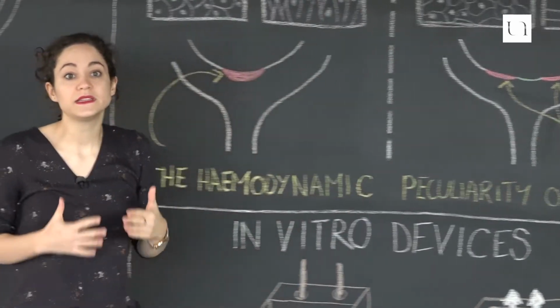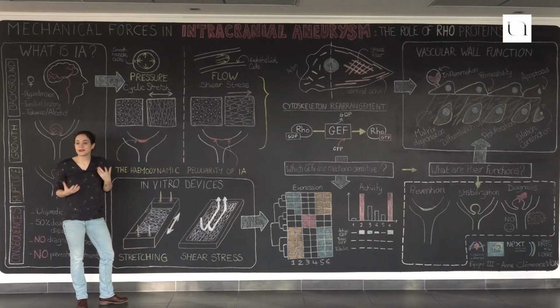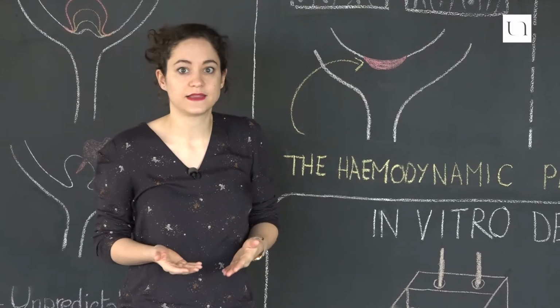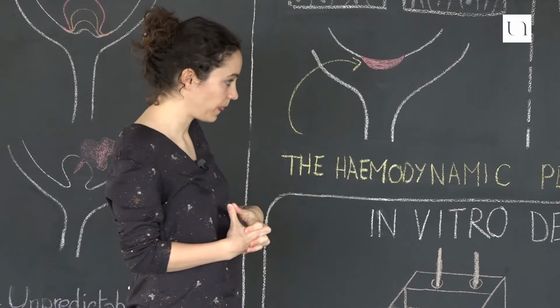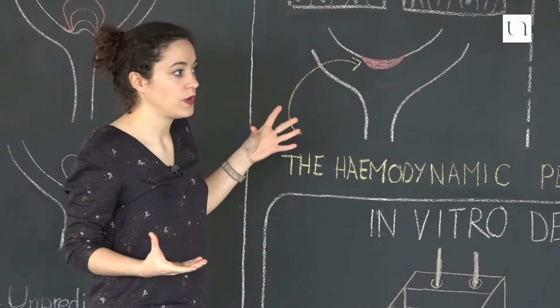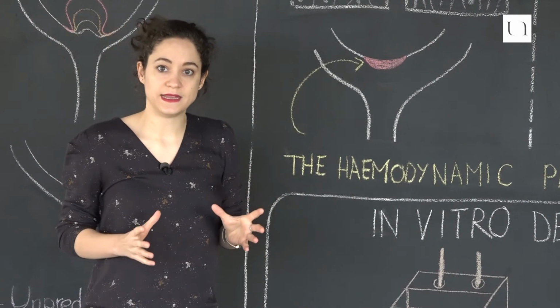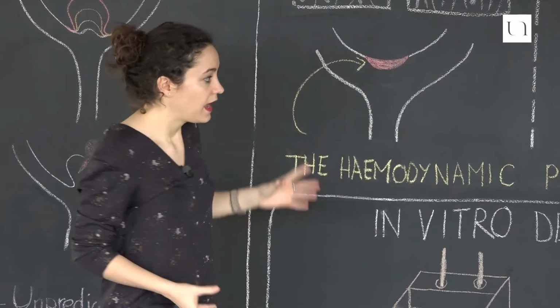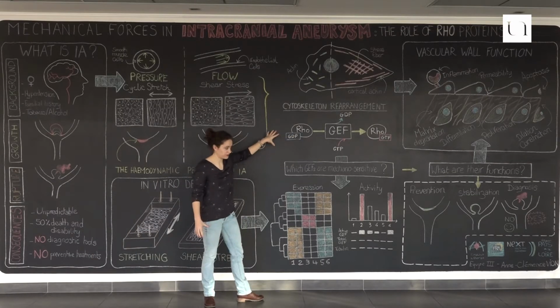And now the hypothesis in the scientific community is that this change in mechanical forces, this increase in mechanical forces, leads to maladaptations of vascular cells that are at the origin of intracranial aneurysm formation. And I want to improve knowledge in that, identifying the key mechanisms at play within the cells. And for that, I'm focusing on this family of proteins, the GEFs.